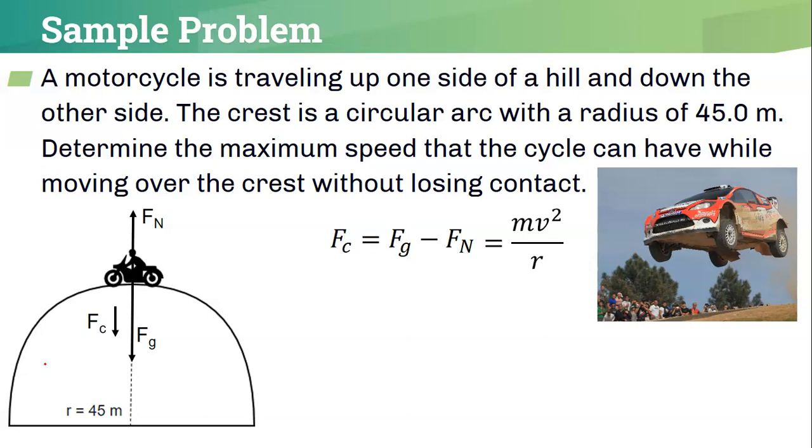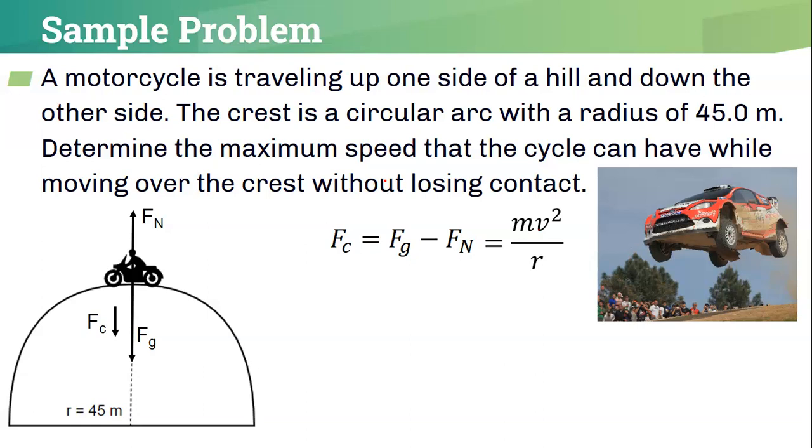So it kind of looks at this point like we have too many unknowns, but let's think about what we actually are looking for. We want to determine v, the maximum speed that the cycle can have without losing contact.